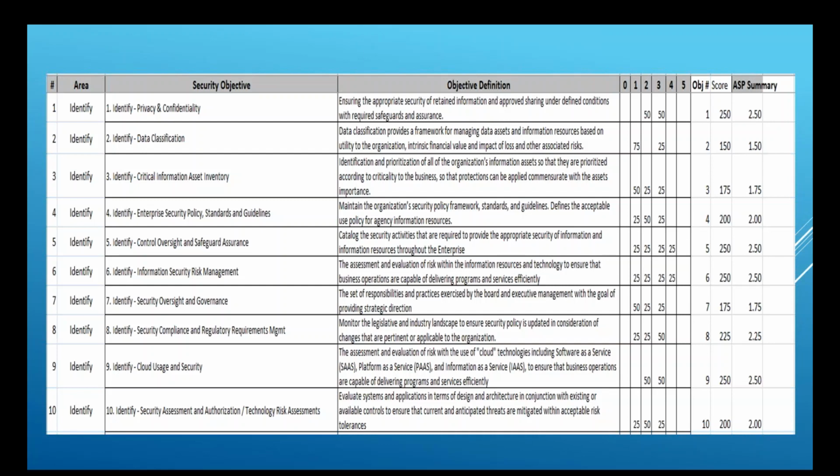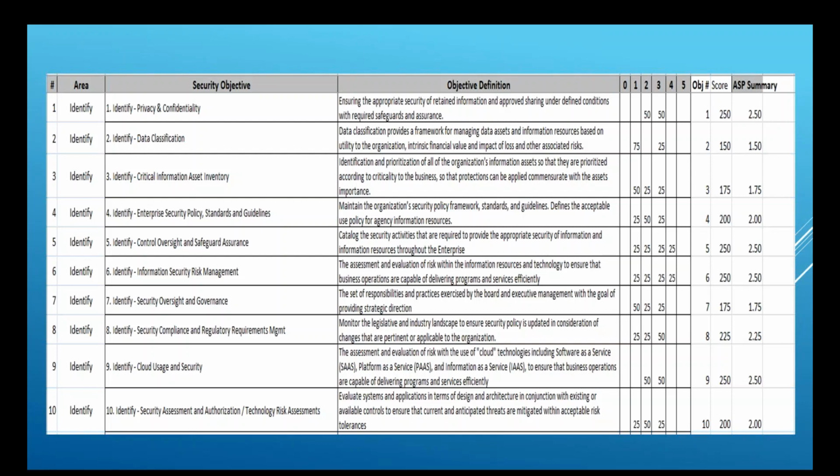So number 2, data classification. Data classification provides a framework for managing data assets and information resources based on the utility to the organization, financial value, impact of loss, and other associated risks. Most of us will say, oh yes, I've got a data classification policy, I'm good here. But are we following those procedures? You just want to take a look at that.